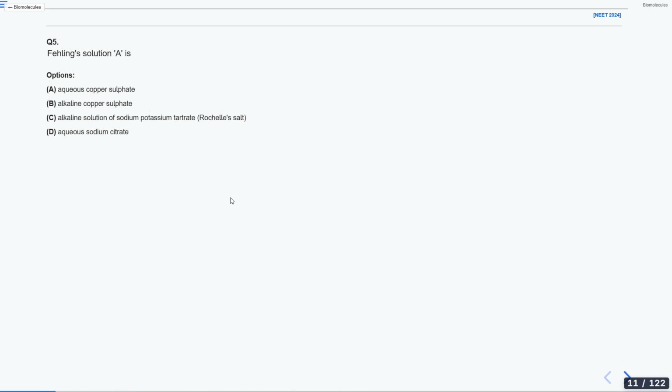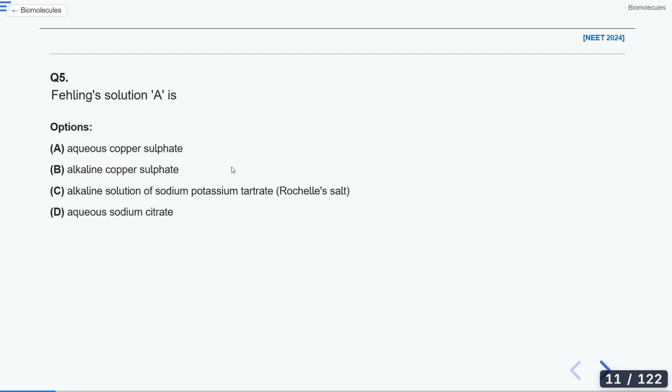So here is the question for you. The question is saying that Fehling's solution A is what? You have aqueous copper sulfate, or alkaline copper sulfate, or alkaline solution of sodium potassium tartrate, or the last one is aqueous sodium citrate.